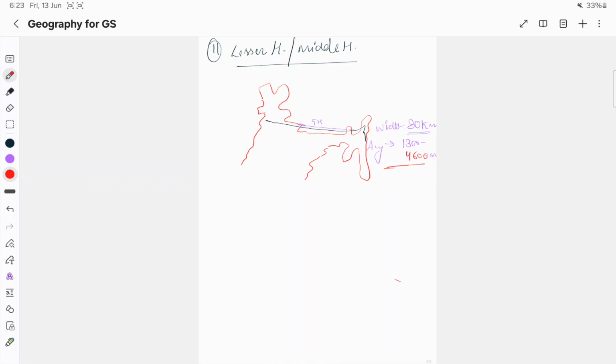Because people prefer hill stations and tourist places and all, we see deforestation in these Himalayas, and we see urbanization. These are the reasons for extensive erosion.